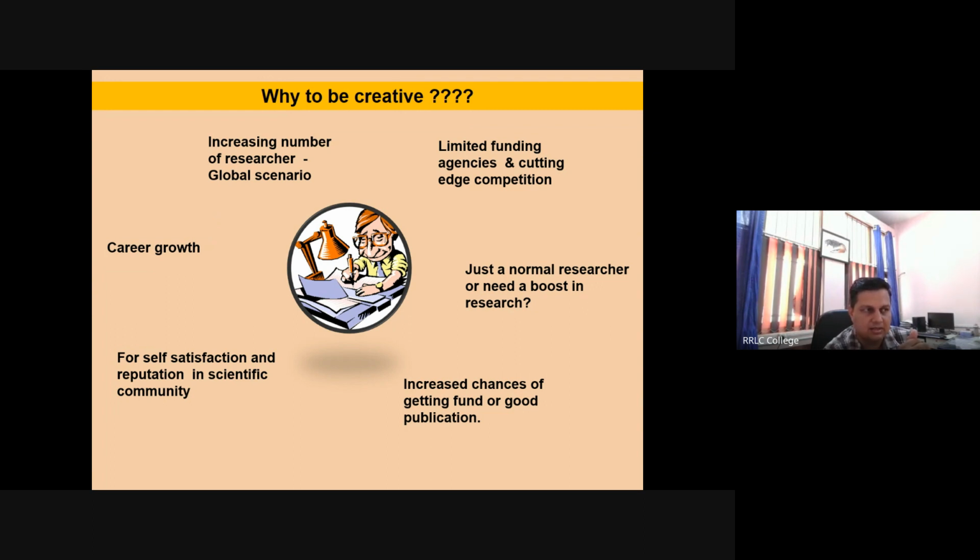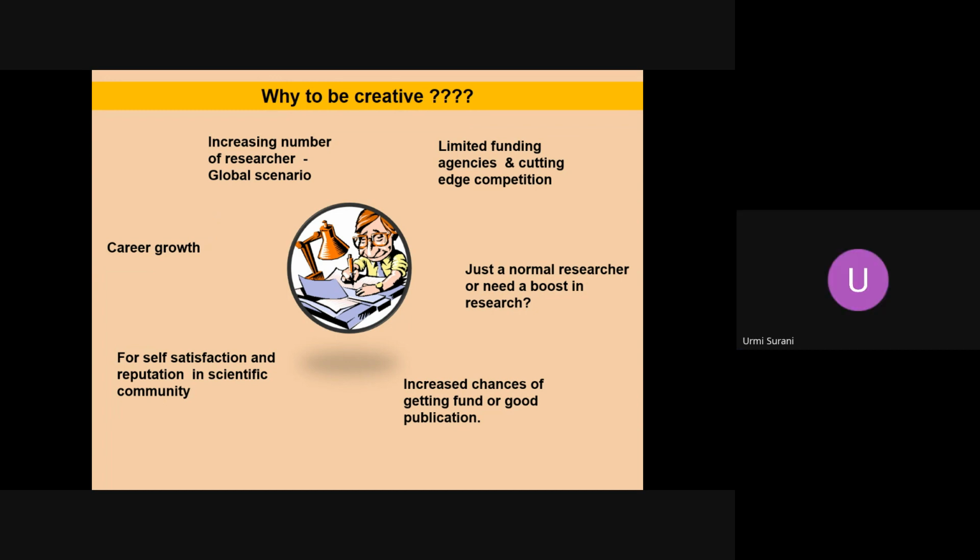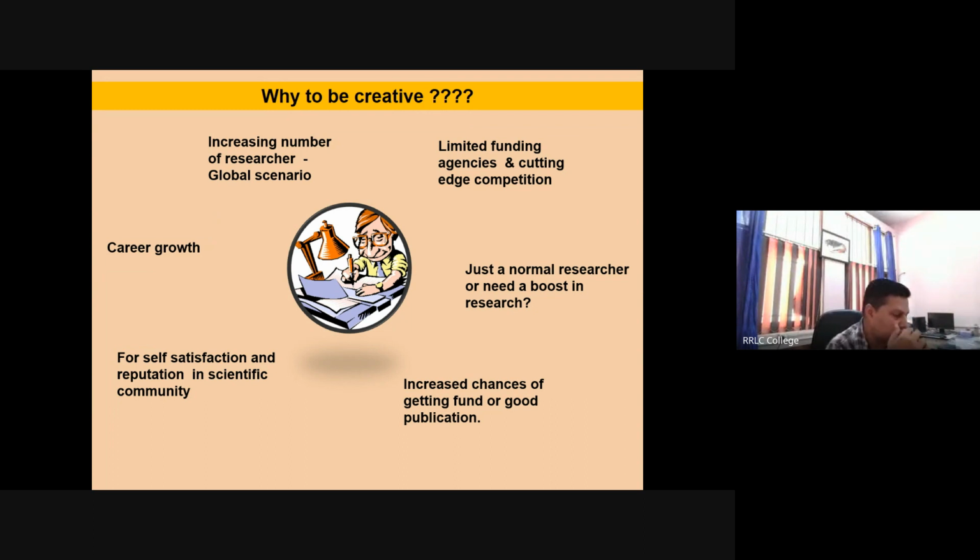But the way they are presenting is different than what you get in your normal restaurant. Am I correct? Yes, sir. So why is this there? They are increasing creativity. You feel that this is highly decorated, right? So that adds value to your dish.